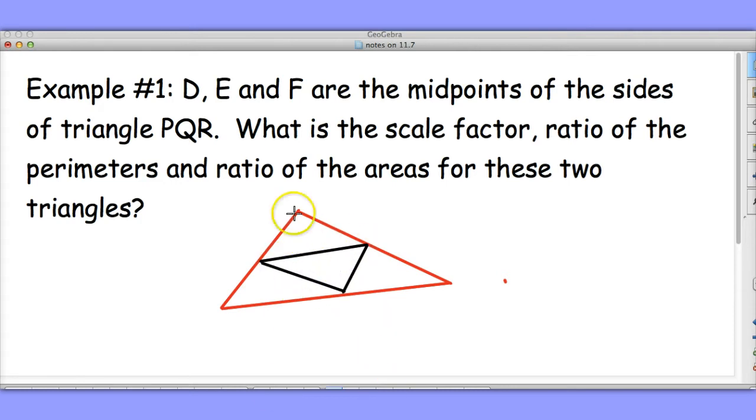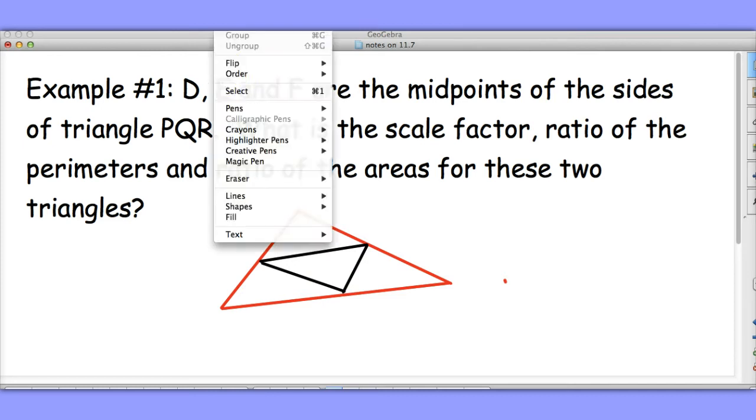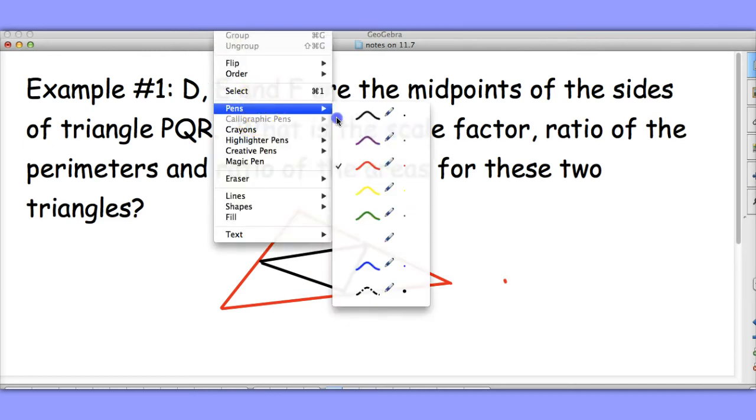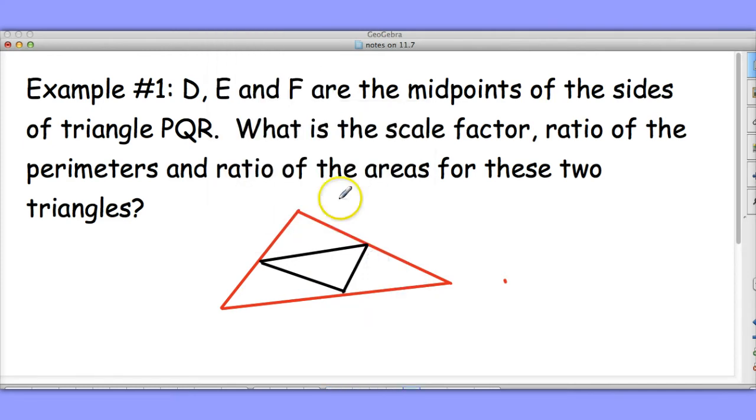So let's label these segments. So D, E, and F are the midpoints. So I'm marking off the segments that are congruent. And then the original triangle is PQR.